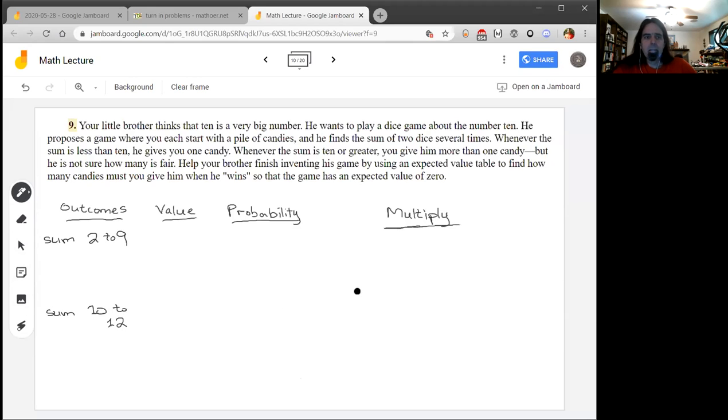And he says if it's 2 to 9, then he gives you 1 candy. So from his point of view, it's a -1. And if we roll 10, if he rolls 10 or more, then we have to give him lots of candy. So it's a positive number, and I'm not sure how much it is.